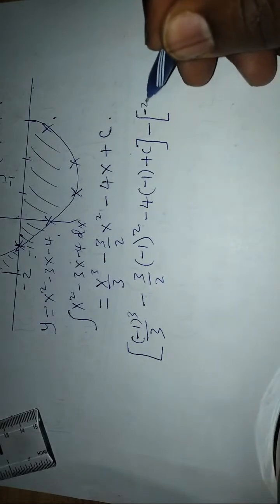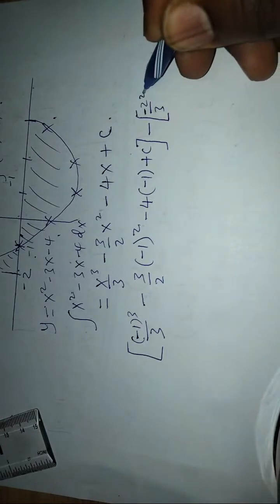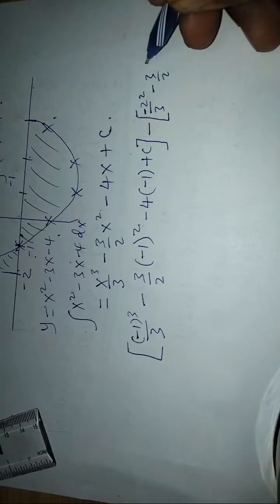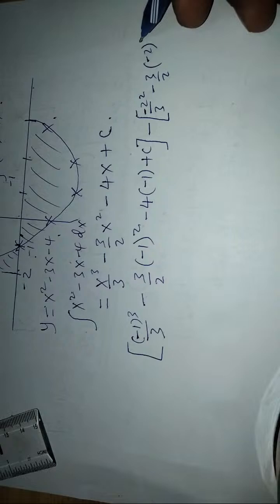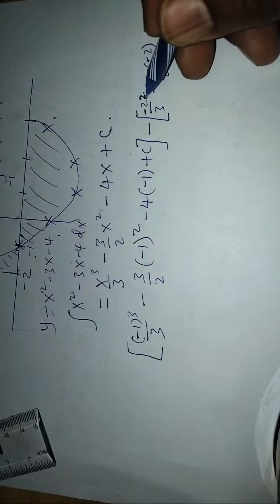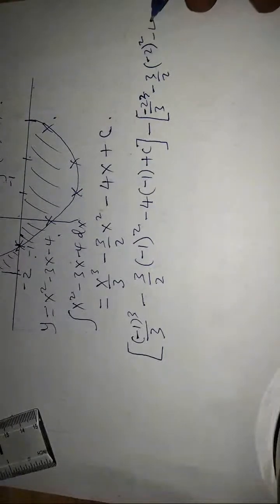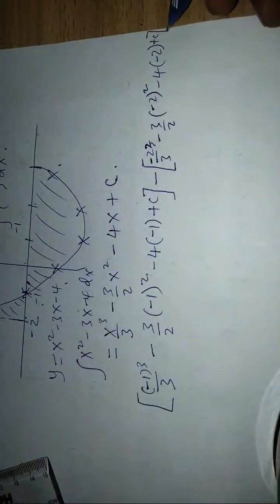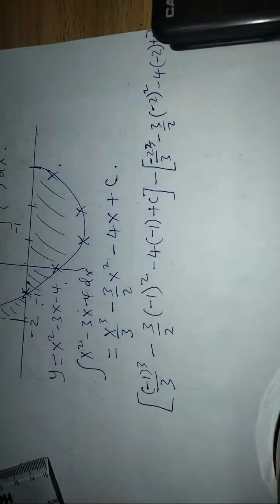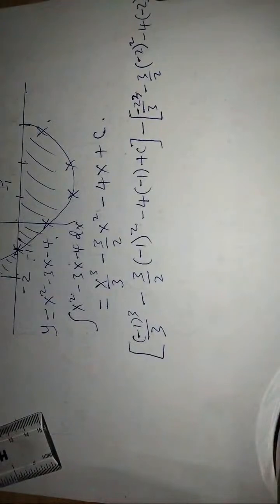So I begin with -2 cubed over 3, minus 3 over 2 into -2 squared, then minus 4 into -2. Then now I add the constant of integration, and I can now get these values. So I'm going to have -1 cubed divided by 3.